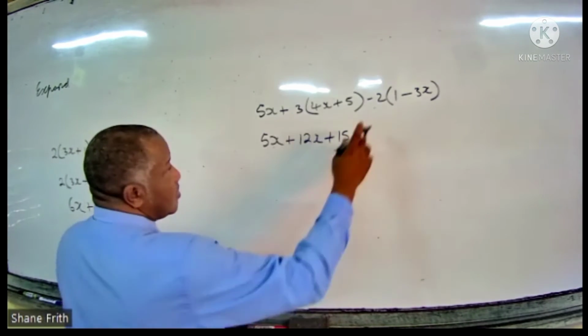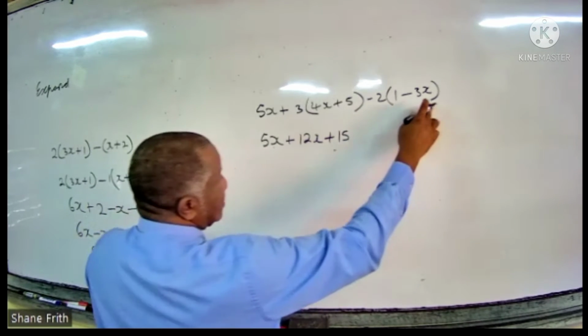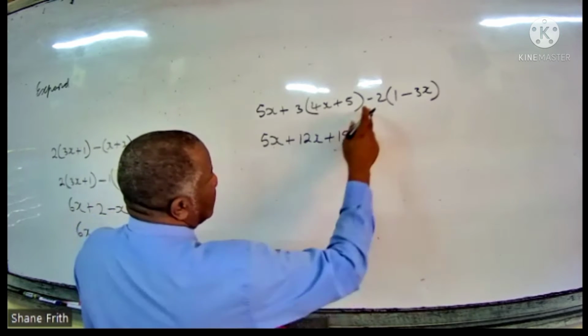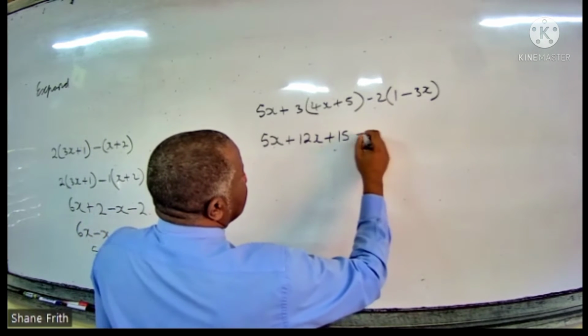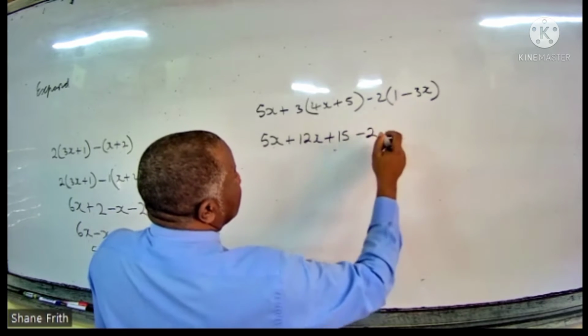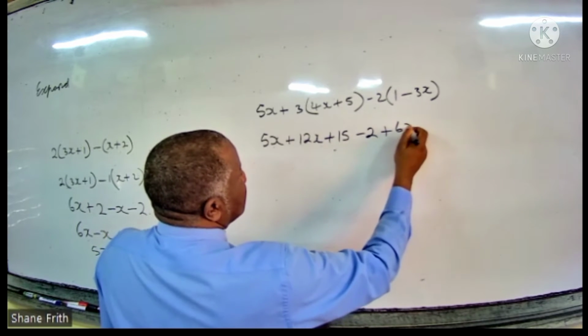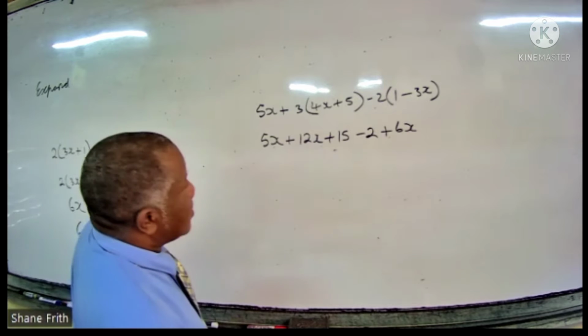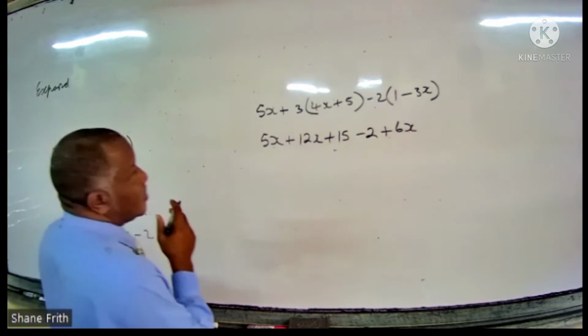All right. Then I'm going to remove this, expand this bracket using minus 2. So minus 2 times 1 is minus 2, right? And minus 2 times minus 3x gives me a positive 6x. All right, so again, I'm going to group all my like terms. I have three terms that I like.